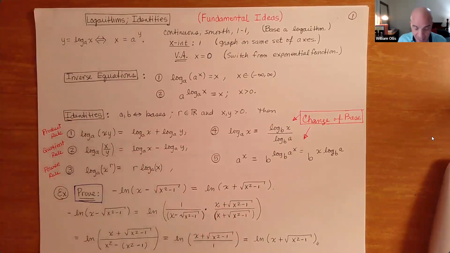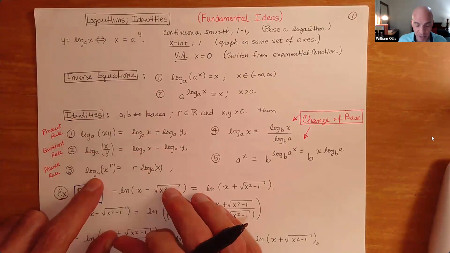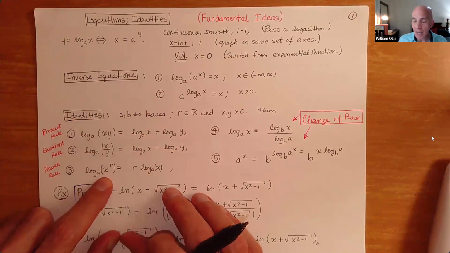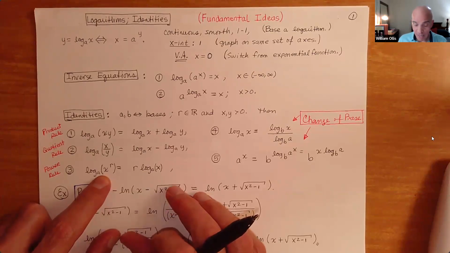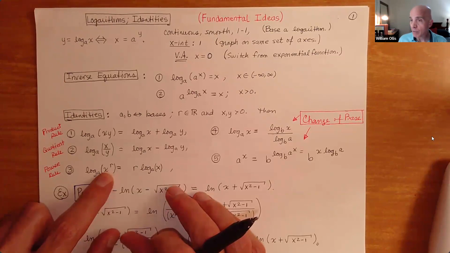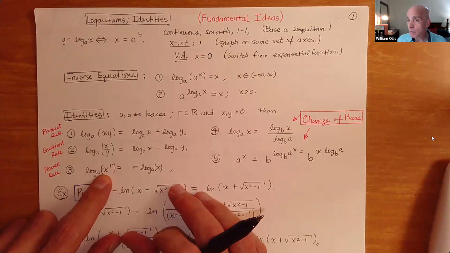Now, what we're seeing is that when we take the base A logarithm of a power function, again, this can assume many forms. X could be fixed, and the power could be variable, and we would have an exponential function. So this can take on many forms, and x could be an expression other than just the variable x.